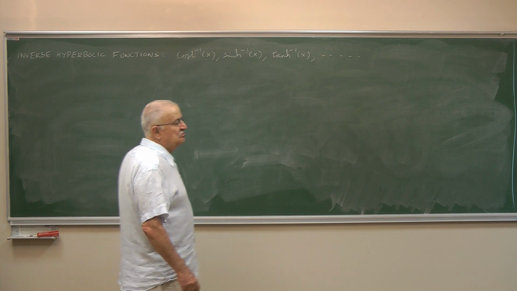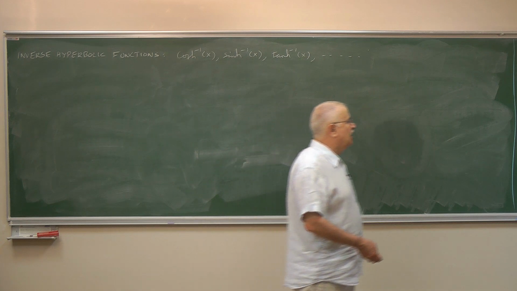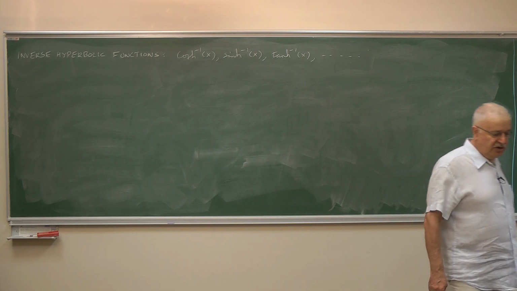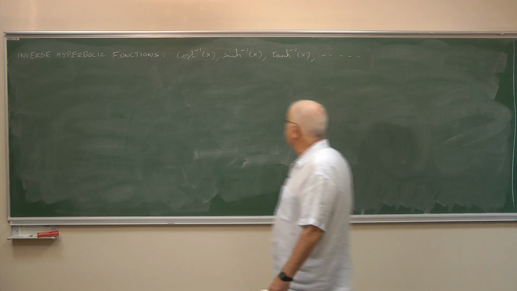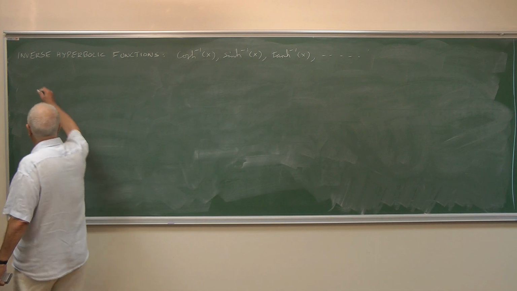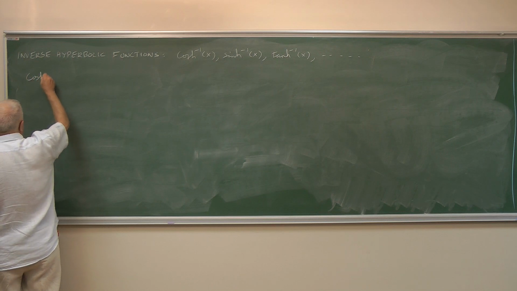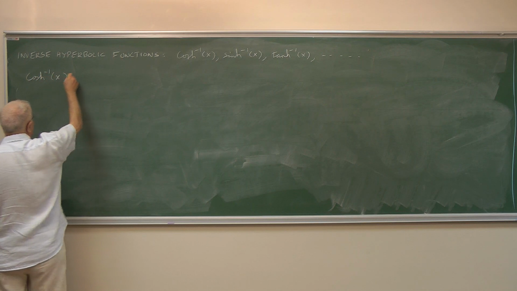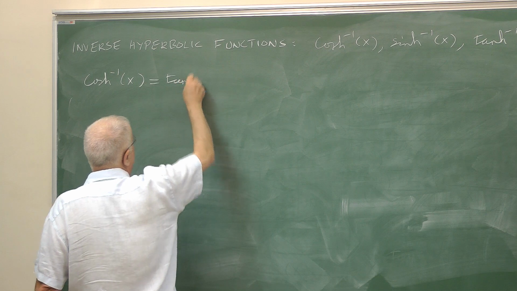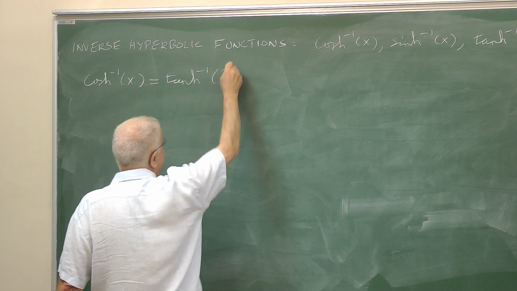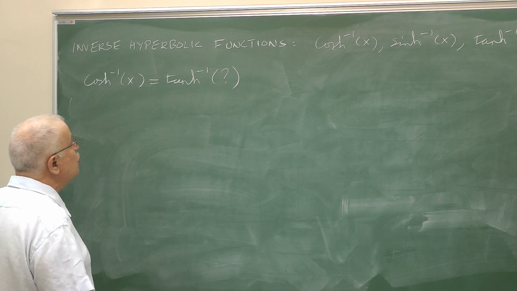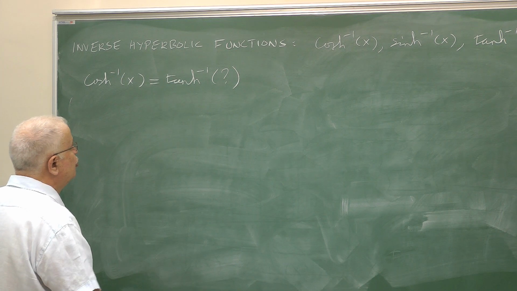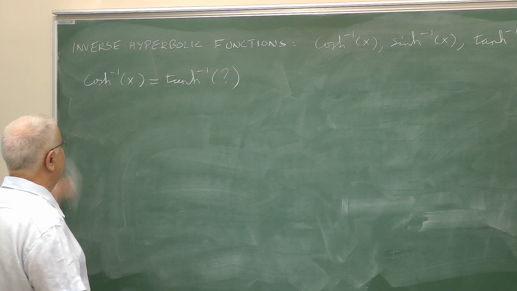Just like the previous problem we had in trigonometric functions, let us solve cosh inverse x equals inverse hyperbolic tangent of what? There is no simple geometrical construction we can do.